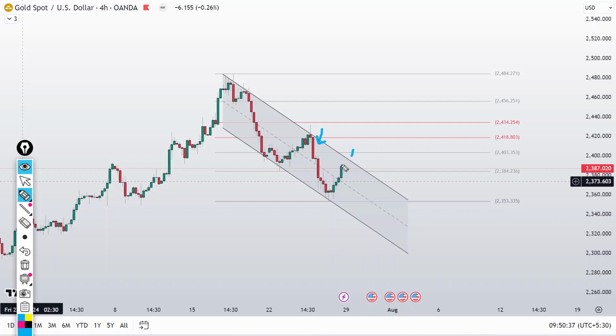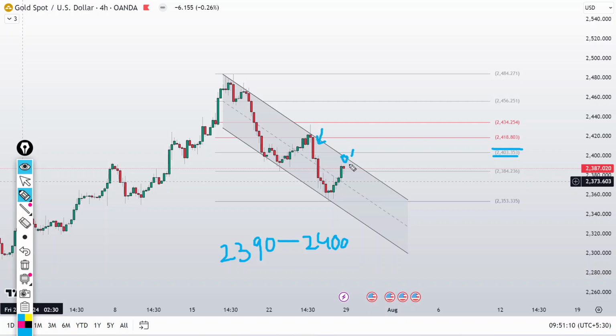So if price breaks out from the previous week, then we have to watch price action from this level around 2390 to 2400, because at this level we have the Fibonacci level around 2403.